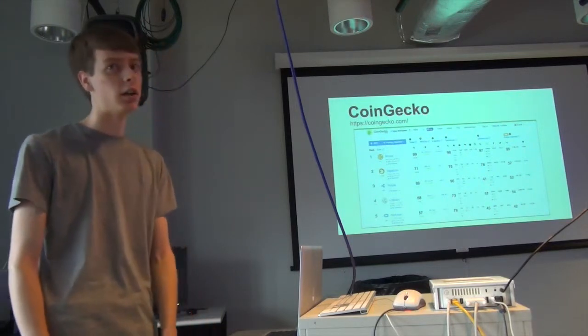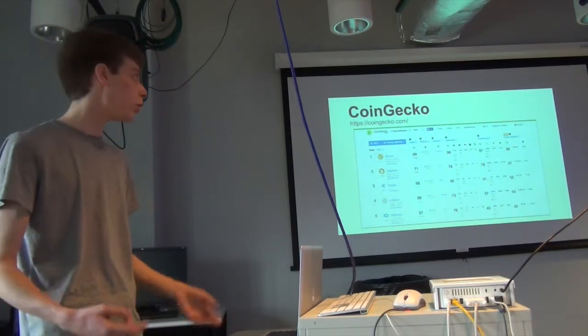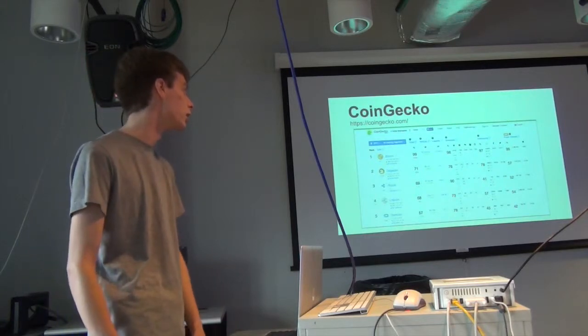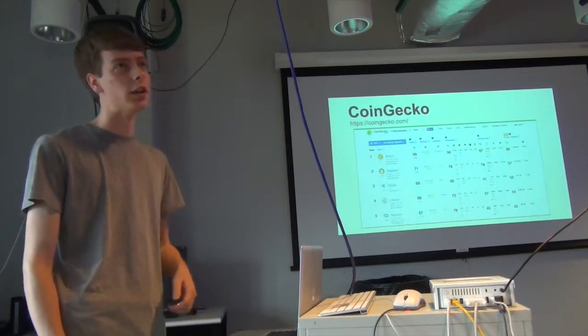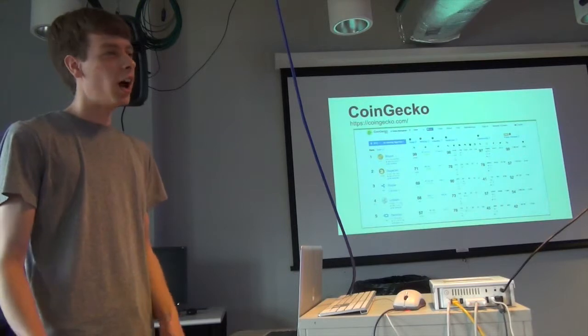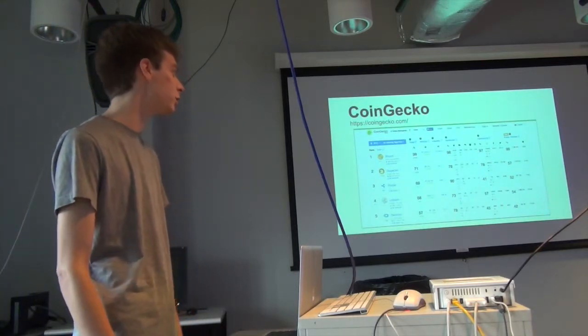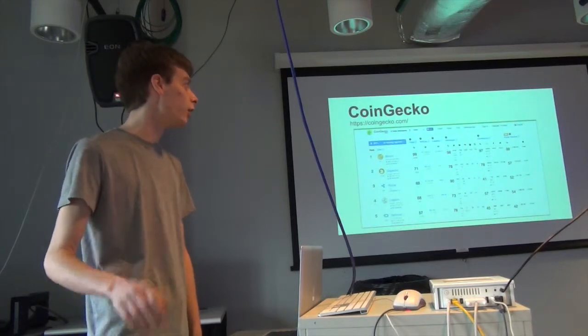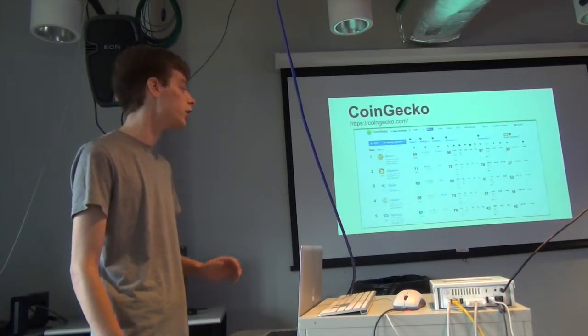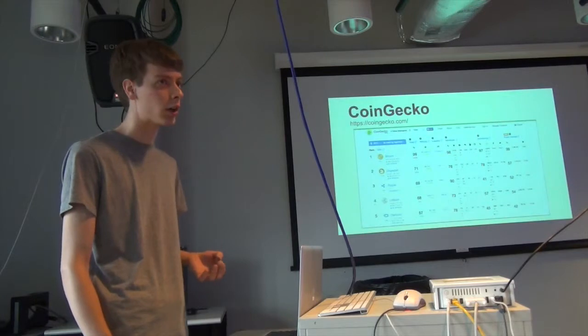They basically try and rate different coins on different attributes like developer activity, the community, how many people are subscribed to your subreddit. I mean, there are some things that are a little out there, but it's fairly useful, it's interesting, it's a nice way to organize information.